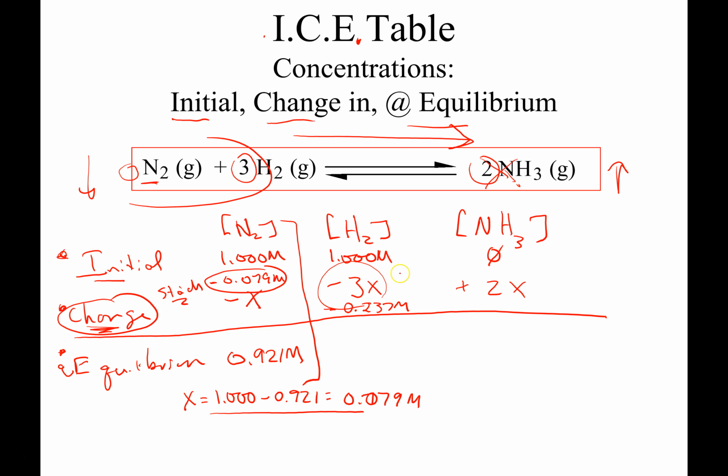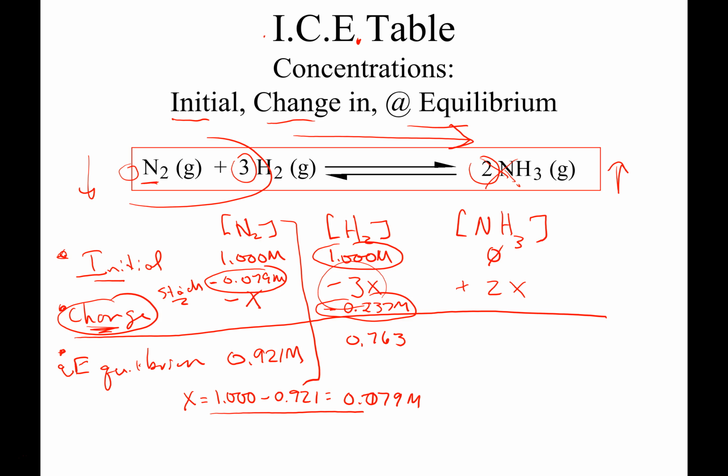So I can take the initial 1.00, apply the change, negative 0.237, and I get an equilibrium concentration of 0.763.